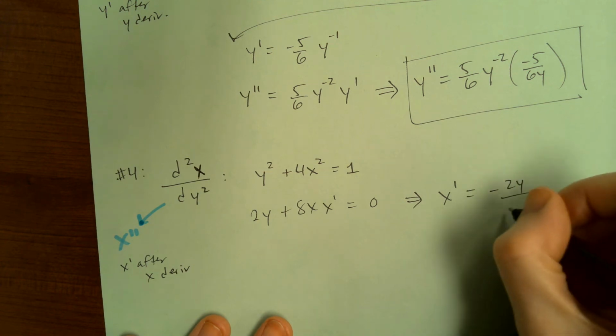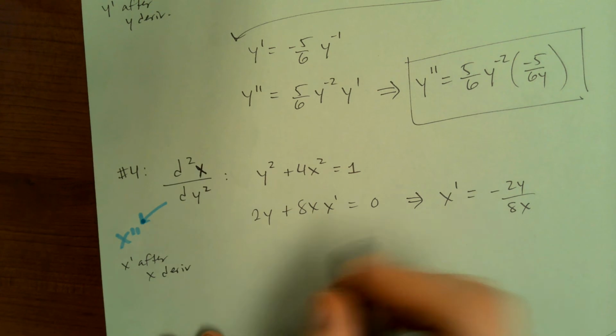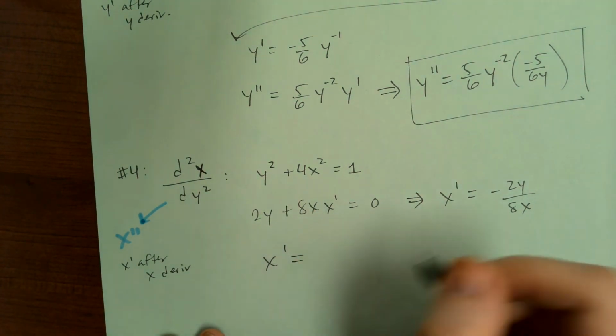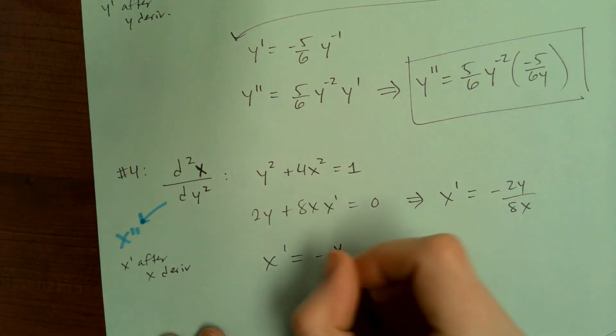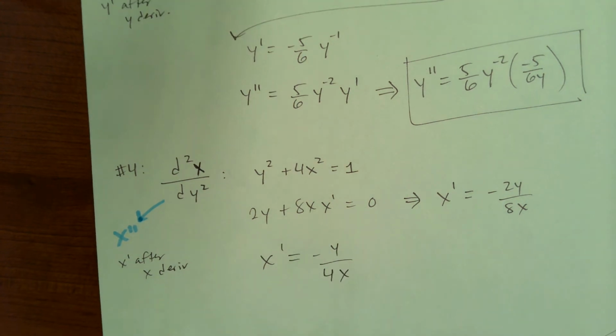Negative 2y over 8x. All right, and guys, if you notice an opportunity to reduce some fractions or something, that's probably a good idea because it just makes any numbers you're working with smaller, but you don't have to.